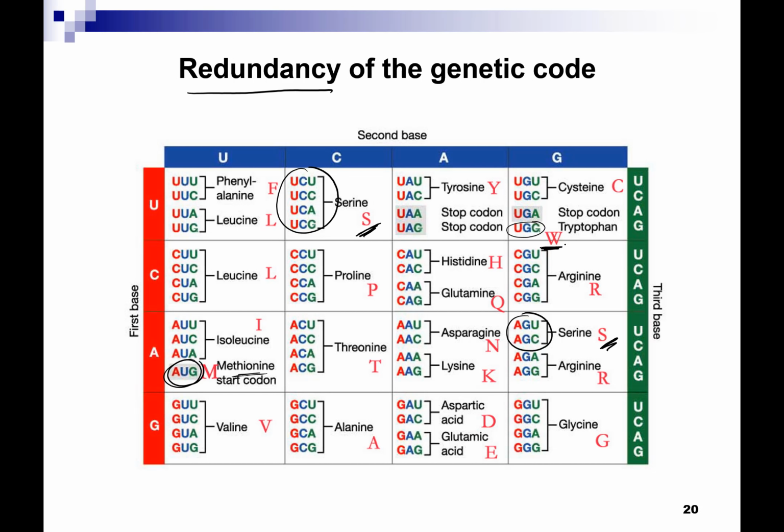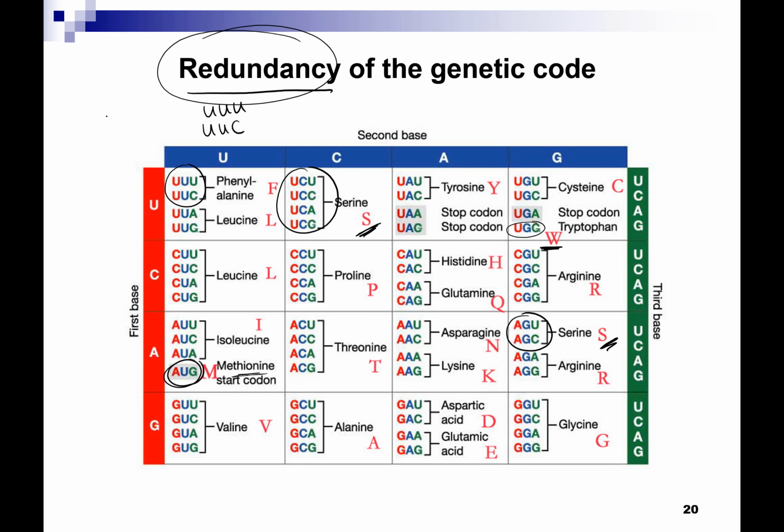What this means is that you can have different DNA, which means different RNA sequences, that encode for the same protein. So just looking at phenylalanine, your mRNA could be UUU or UUC, and you would get the same amino acid put in. So that's what we mean by redundancy of the genetic code.